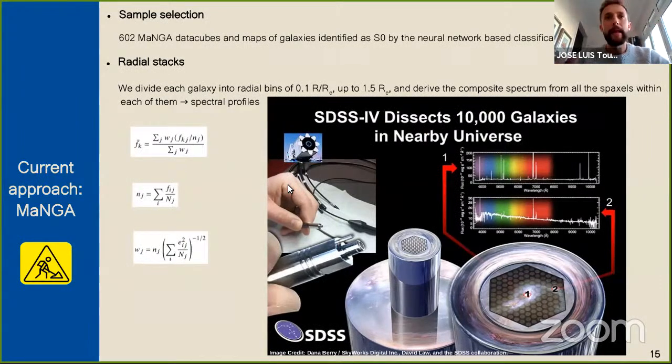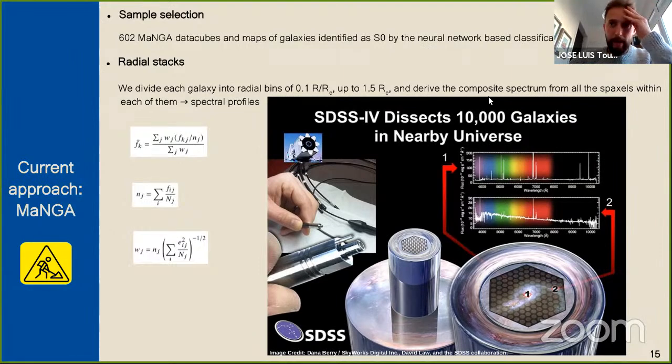So now let me devote some minutes to talk about our current approach. Now we are extending all this methodology I have already exposed to analyze MaNGA data for 600 lenticular galaxies. We are using, again, morphological classification, an updated version of Fisher 2019.